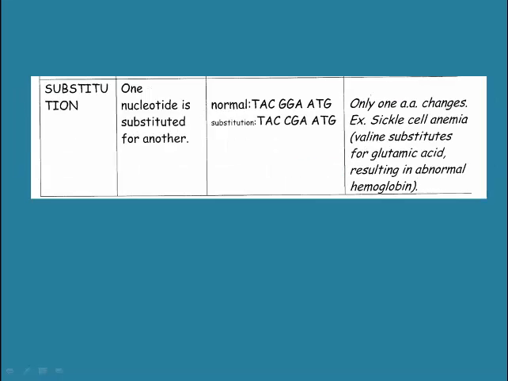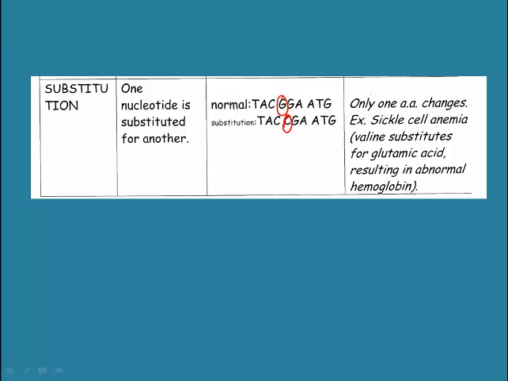In substitution, one nucleotide is substituted for another. So if you look carefully at the normal sequence and the substitution sequence, you'll see that they're not all that different. The only difference is that this G has been replaced by a C. Sometimes this results in a functional protein because, as we know from the table of mRNA triplet codons, some amino acids are actually coded for by more than one triplet code, and if this letter replacement actually results in the code for the very same amino acid, it might not actually have any effect at all on the finished protein.